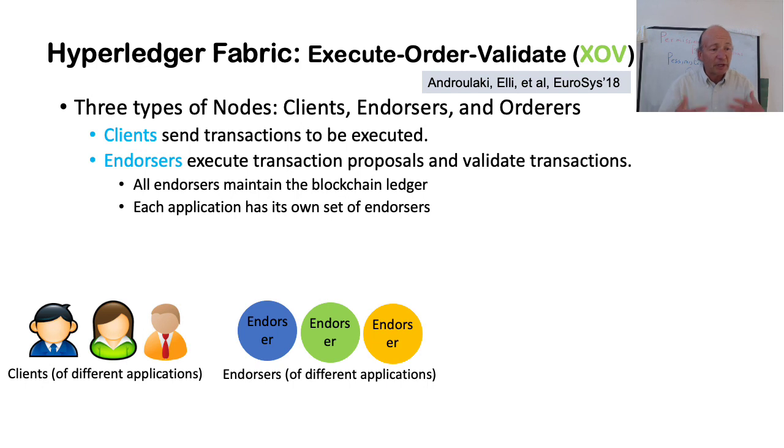There are going to be endorsers, and those execute the transactions and then validate that the transactions were ordered in the same way and resulted in the same results as the execution. The endorsers maintain the blockchain ledger, and each application has its own set of endorsers. So we'll have different applications, each of them with its own set of endorsers.